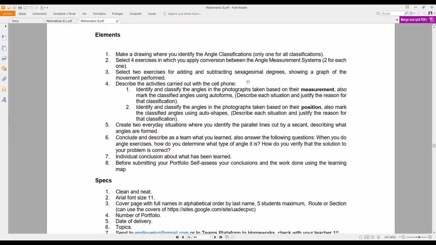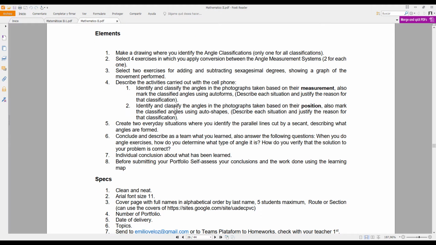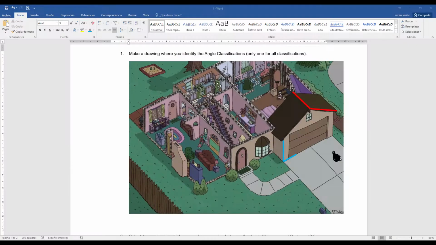What elements does it have? The first one: make a drawing where you identify the angle classification, all classifications. For example, here I used a Simpson house drawing.